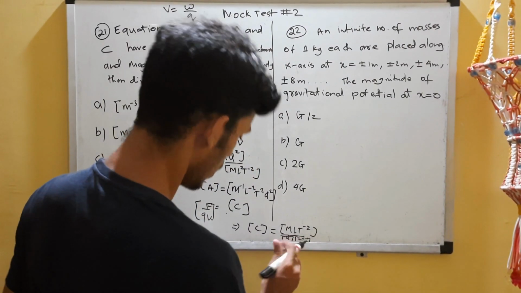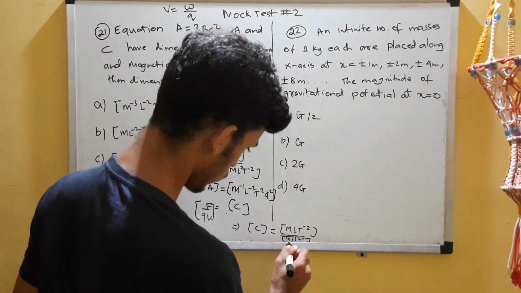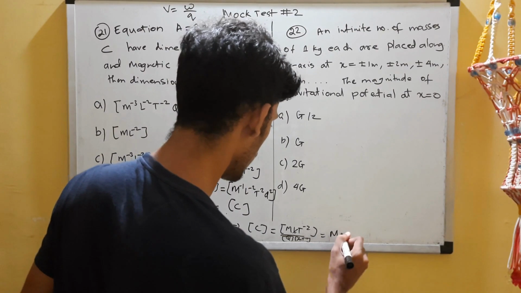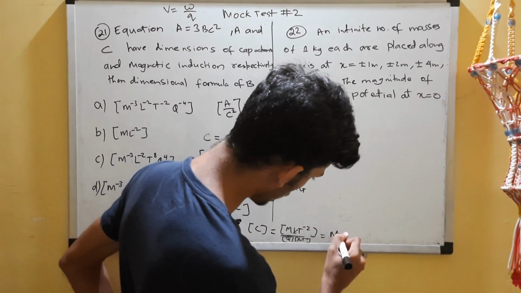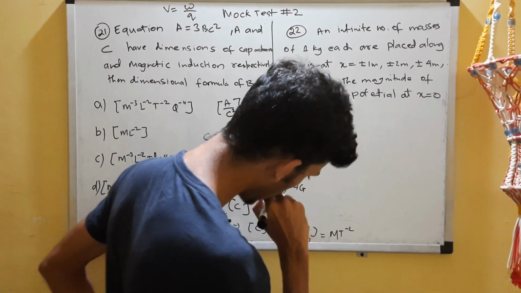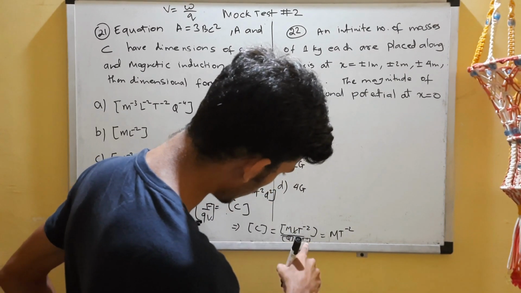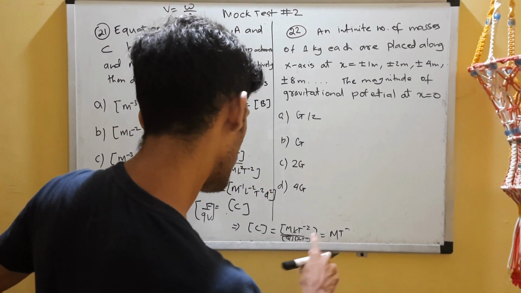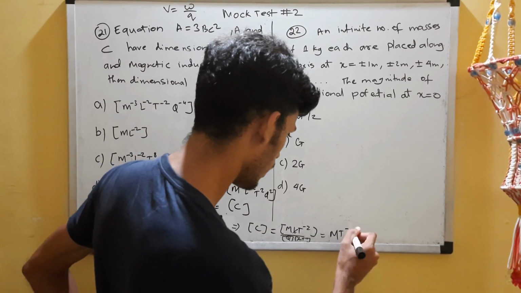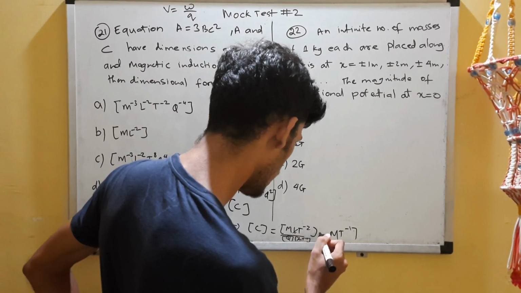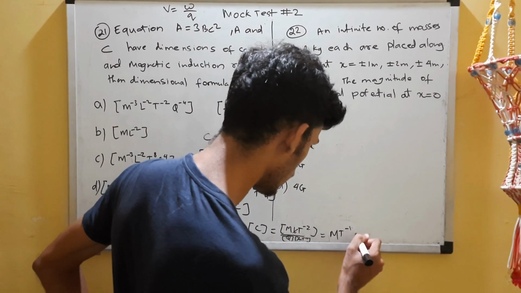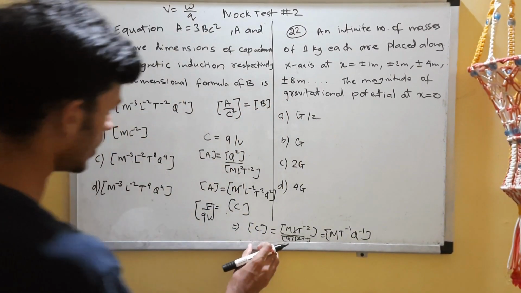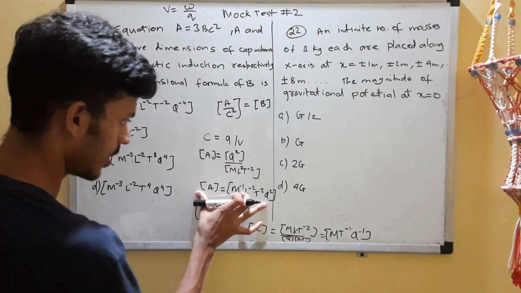Length and length will get cancelled, and here we get M T raised to minus 2, then T raised to minus 1, and also Q raised to minus 1. So this is the dimensional formula of C, and this is the dimensional formula of A.